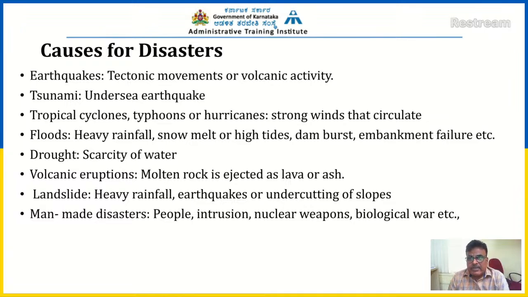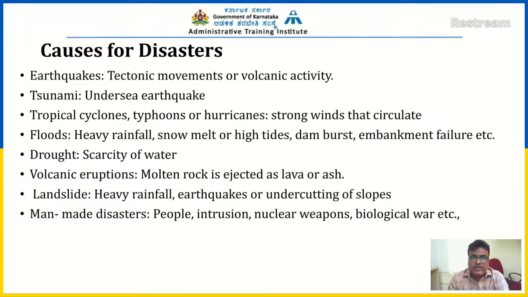What are the causes of tsunami? Maybe an undersea earthquake. Tropical cyclones, typhoons, and hurricanes are all because of strong winds that circulate. In India, we generally expect these to originate in the Bay of Bengal and then come to the southern part of India, even spreading to other parts.